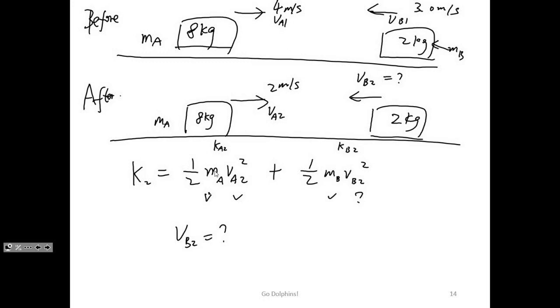So apparently momentum should be conserved. I should have P1 equals P2. Can we solve the final velocity of object B using the momentum conservation equation? So yeah, let's try to write down the equation.